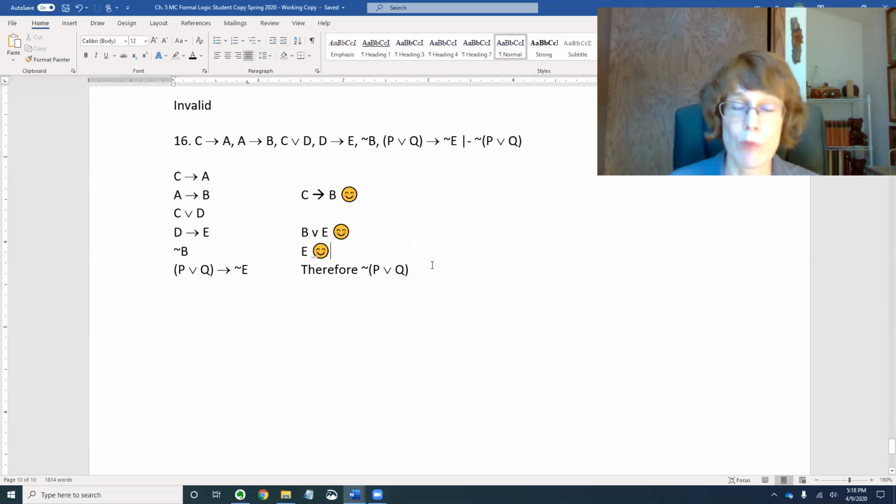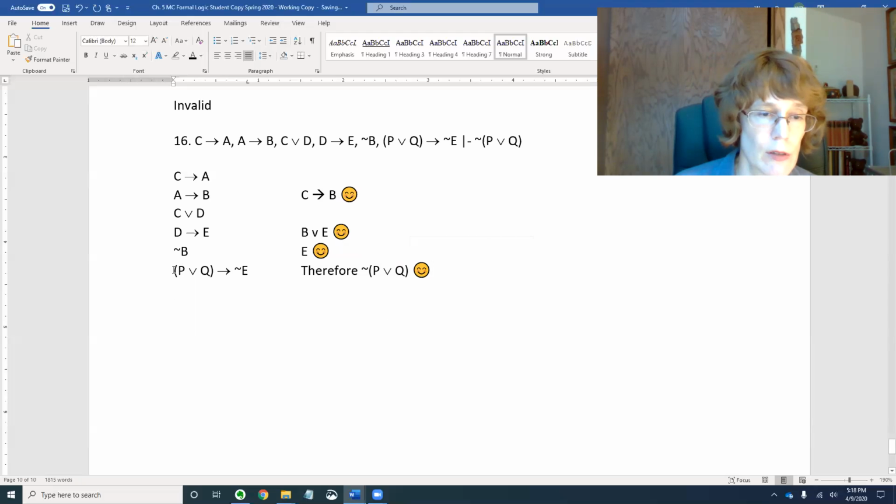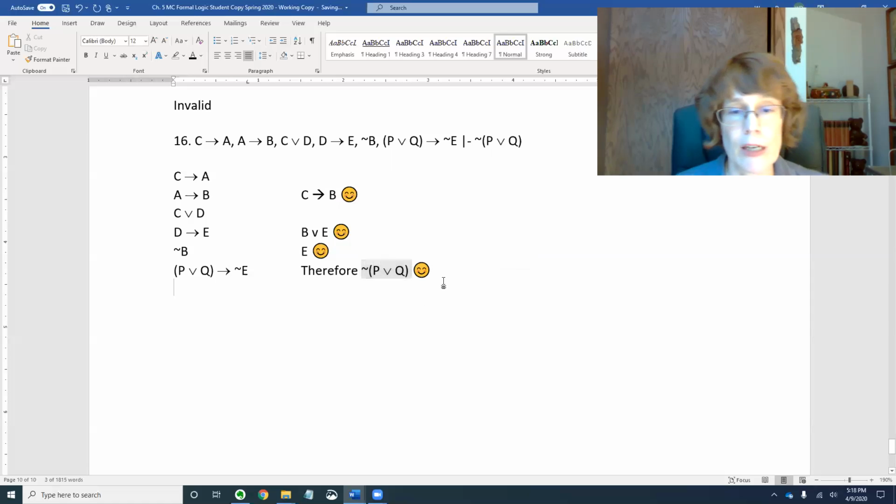This is valid. This is modus tollens because we have an if then statement. If front, then back. We have the opposite of the back, which allows us to conclude the opposite of the front, which is exactly what we did. So this is valid, huzzah!